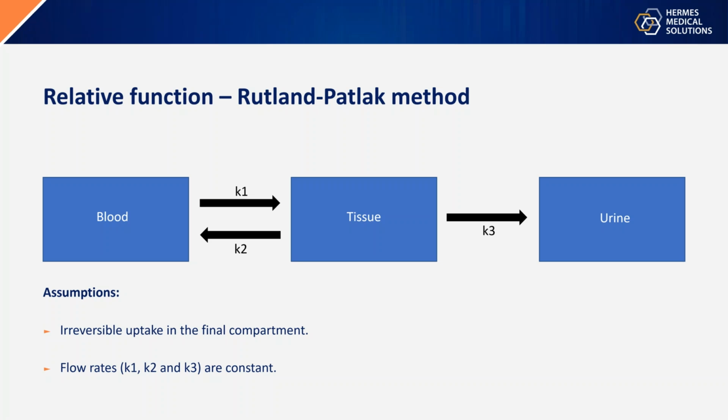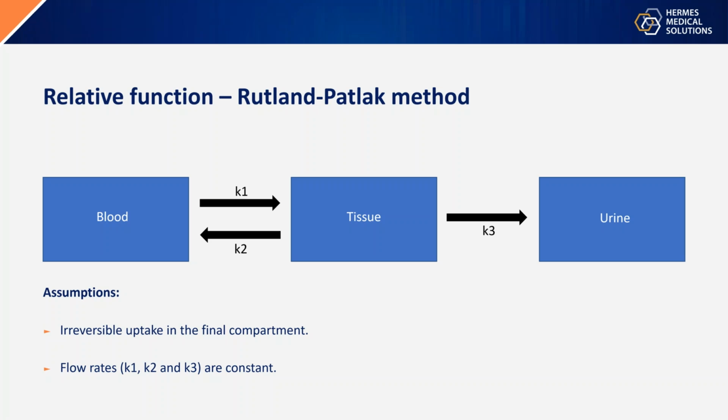And our assumptions then, the first one we already mentioned, that we need to have an irreversible uptake in the final compartment. And we also need the individual flow rates to be constant. And this complicates things because in the early part of the renogram, the first minute more or less, these flow rates will not be constant because we still have a bolus.